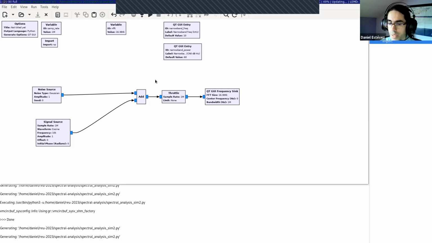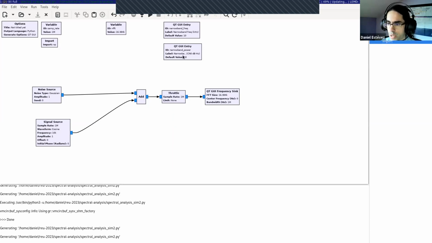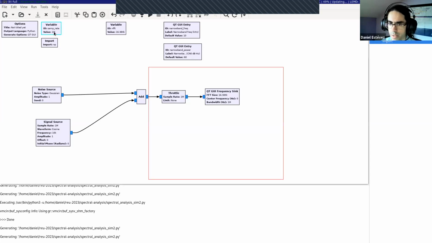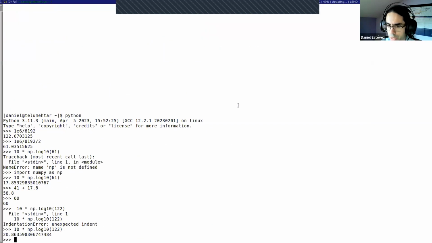So as I was saying, an amplitude of 1 corresponds to a CN0 of 60 because of how the math works out. In this case, basically it boils down to this 1 million, which in base 10 is 10 to the power 6. And then what we got with the FFT was 58.8.